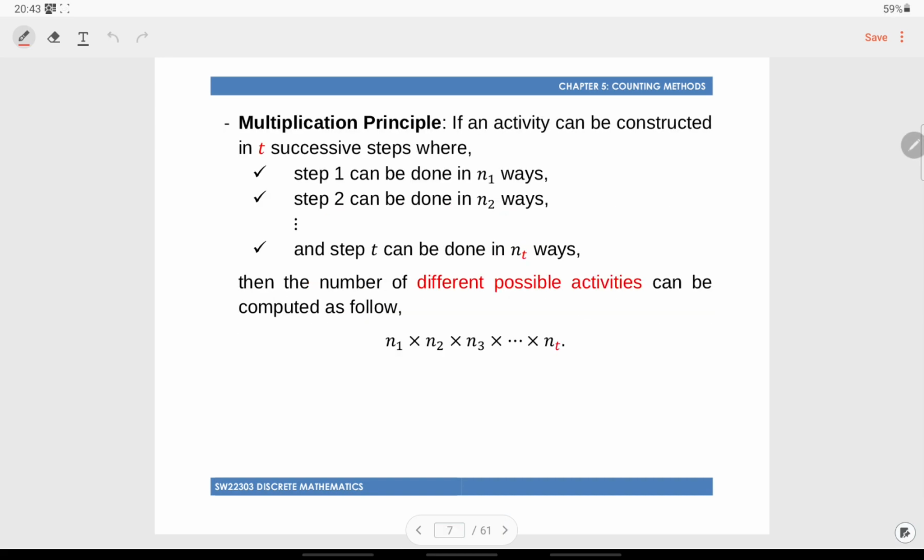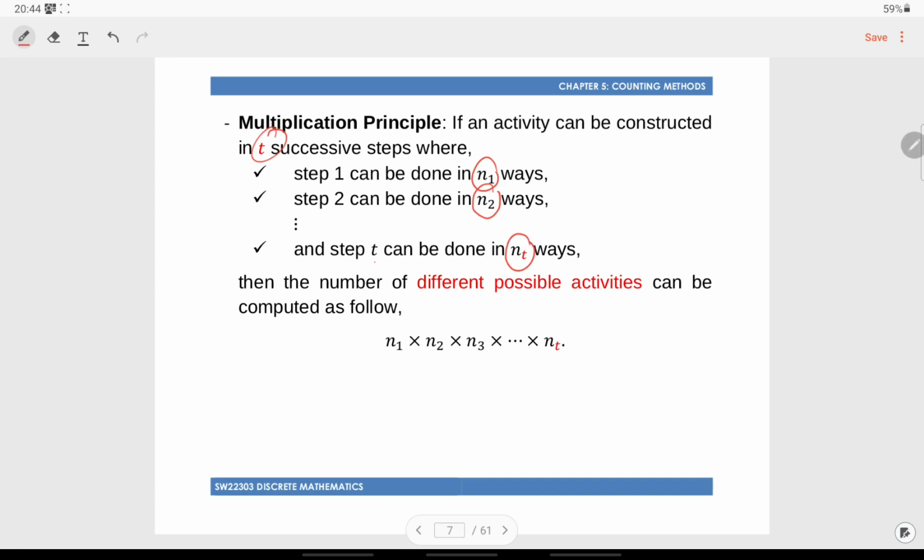So we have the following multiplication principle. If an activity can be constructed in t successive steps, where the first step can be done in n1 ways, and the second step can be done in n2 ways, and then we proceed up to the final step, step number t, which can be done in nt ways.